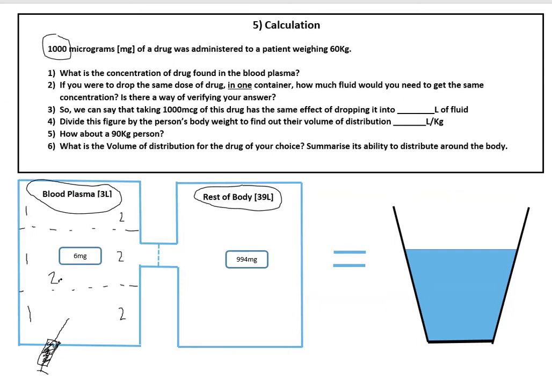So that's the answer to the first question. What is the concentration of drug found in the blood plasma? The answer will be 2 milligrams per liter.